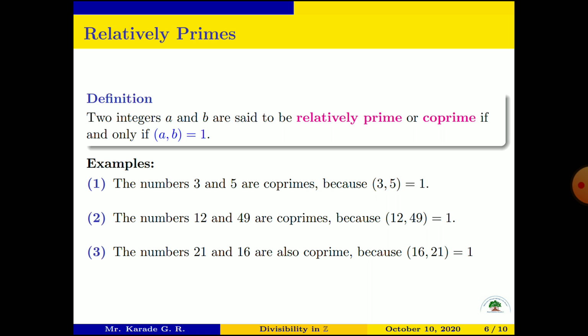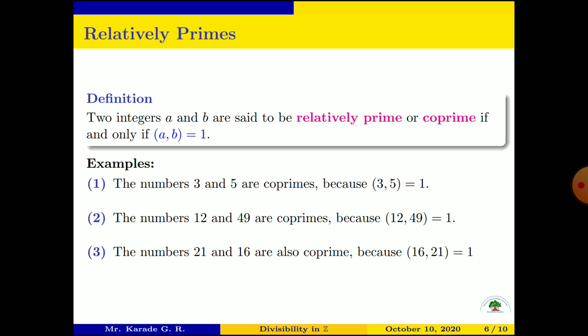For example, the numbers 3 and 5 are co-primes, or we can say 3 and 5 are relatively prime, because GCD of 3 and 5 is equal to 1.